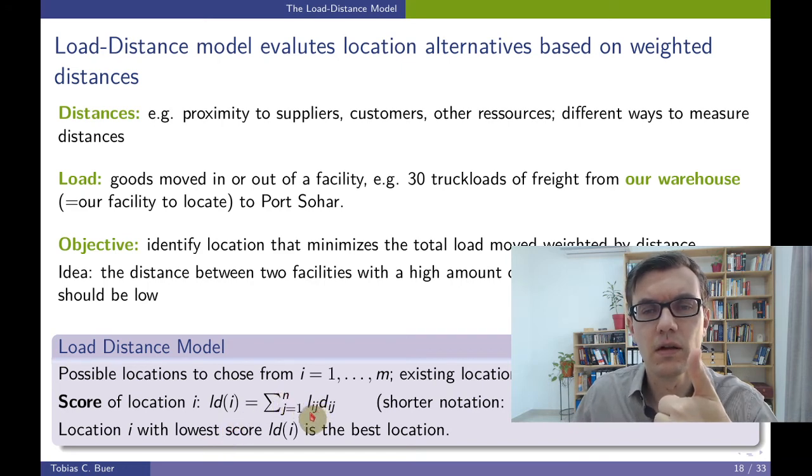So if i is 3, our location number 3, then this reads L of 3,1 multiplied with the distance between 3 and 1. And then we sum up all these terms to get the load distance score of the given location i.